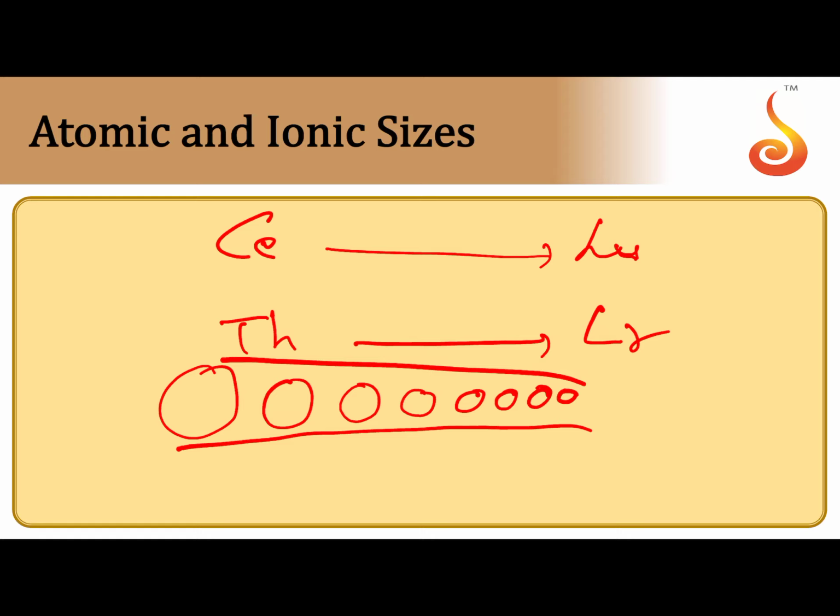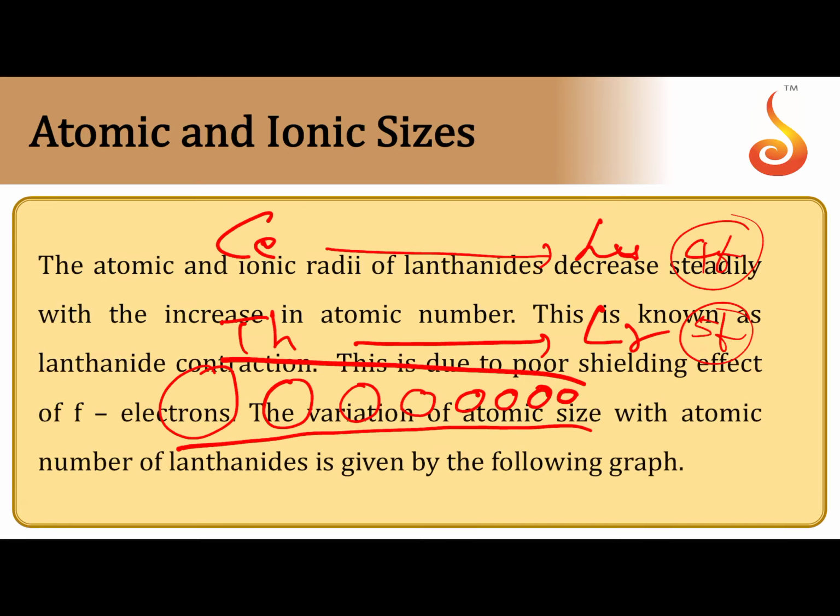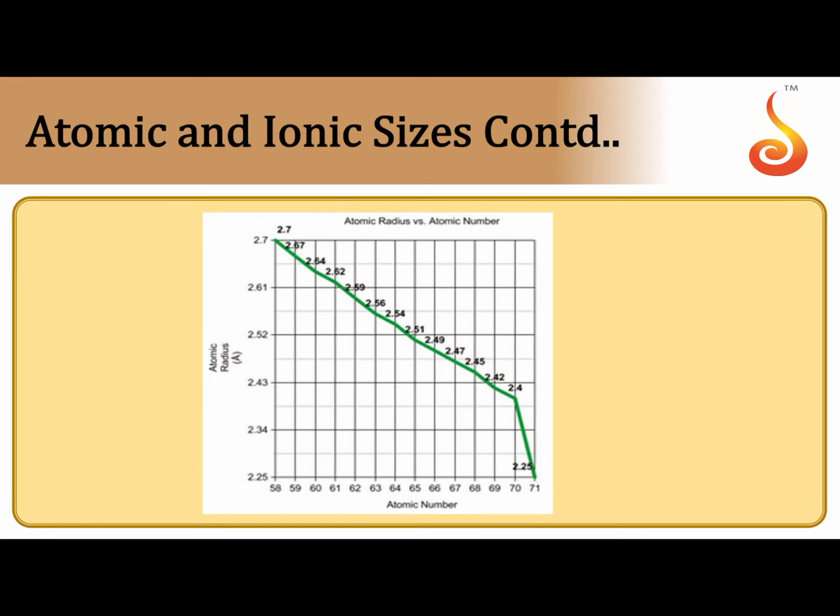Similarly, the gradual decrease in actinoids is called actinoid contraction. Lanthanoid contraction is due to poor shielding effect of 4f electrons, and actinoid contraction is due to poor shielding effect of 5f electrons. The degree of contraction is more in actinoids when compared with lanthanoids.